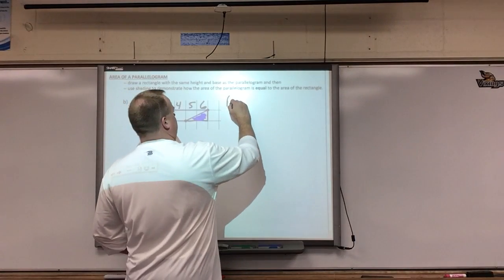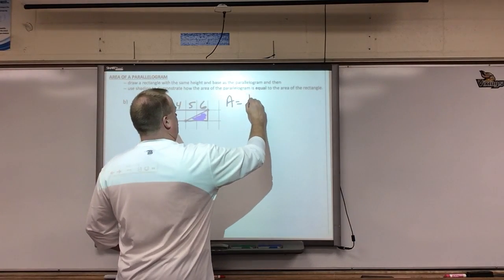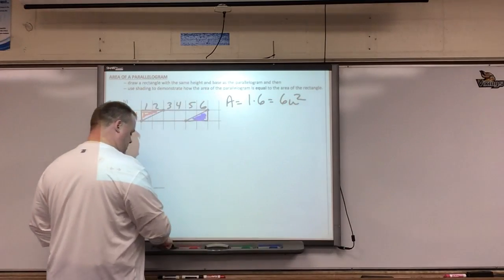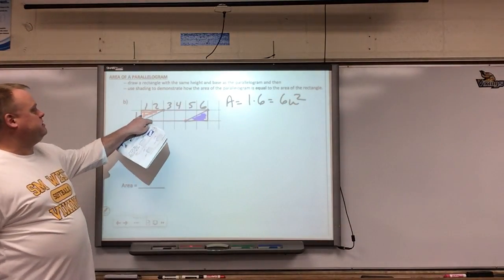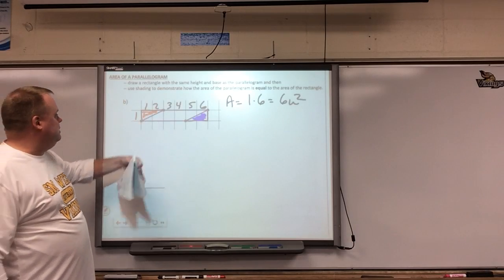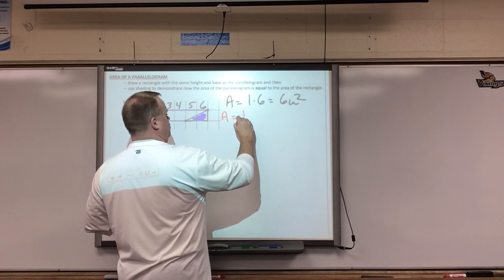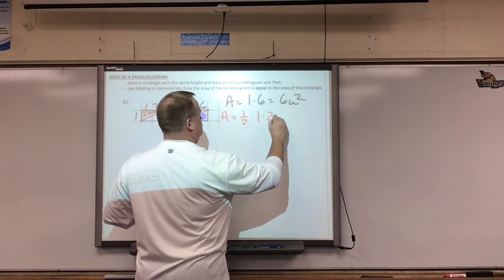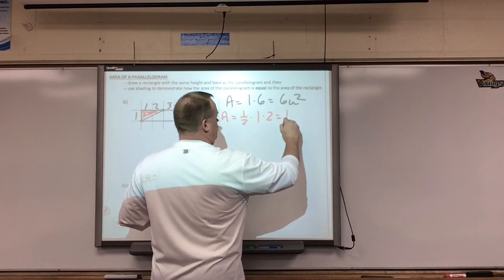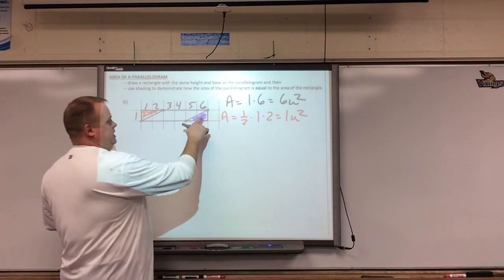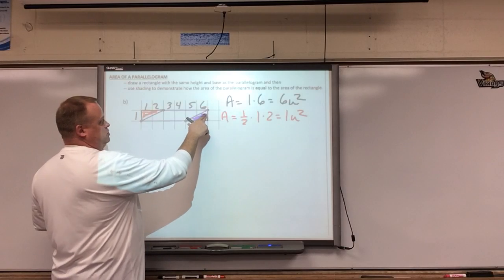So I know the area of the whole thing is 1 by 6 or 6 units squared. Looking at my area of the right triangle that I created, up 1 over 2. So area is 1/2 times 1 times 2 or 1 unit squared. And of the blue, over 1, 2, up 1.